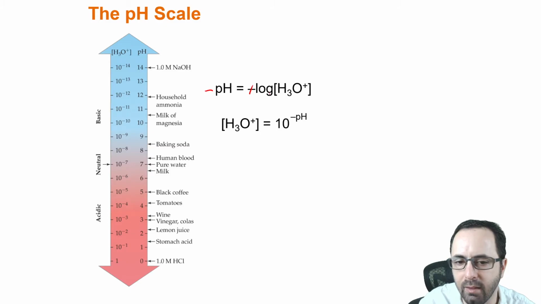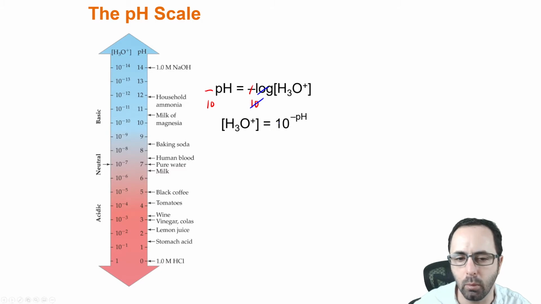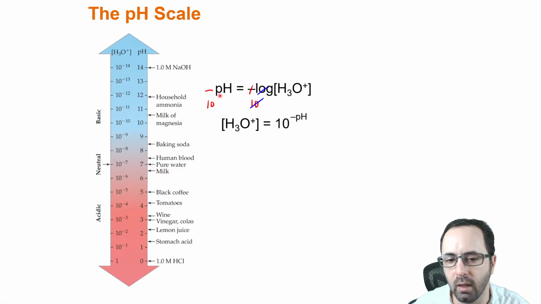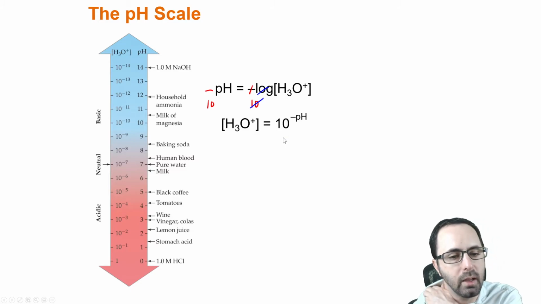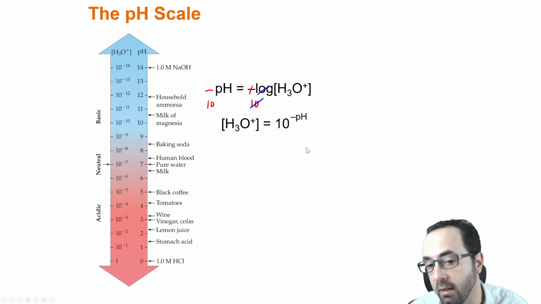And then we do anti-log. Log is base 10, so to cancel the log, we do 10 to the power. That's going to cancel our log, and we get hydronium equals anti-log of negative pH. And so I provided you with this formula, even though I didn't explain how to get it. That is how you get it.